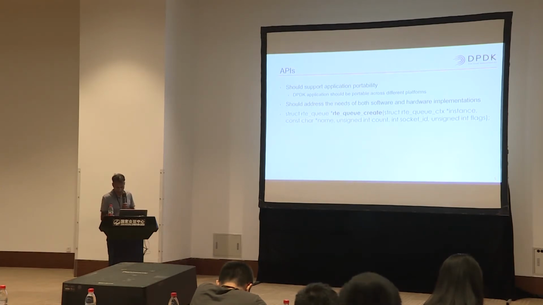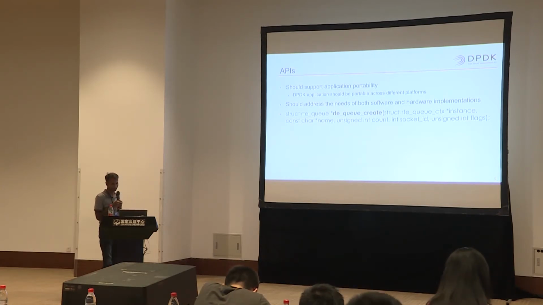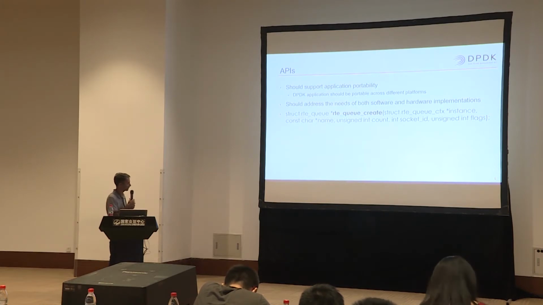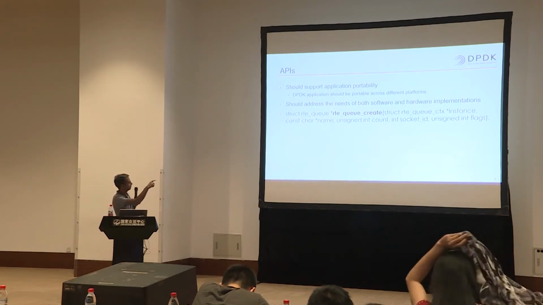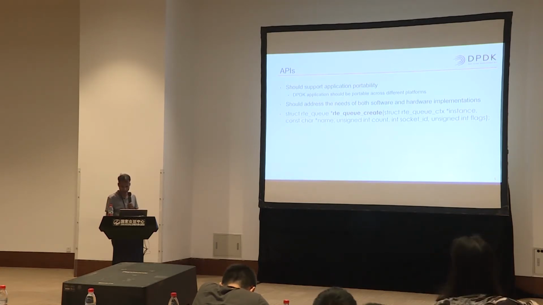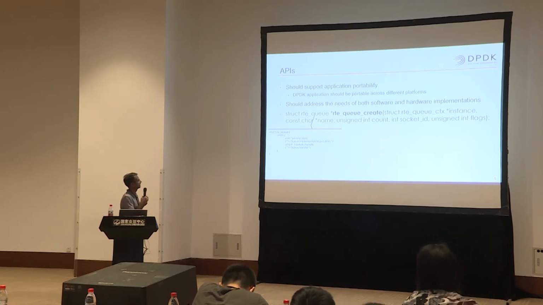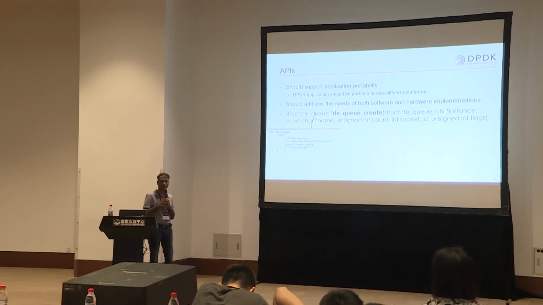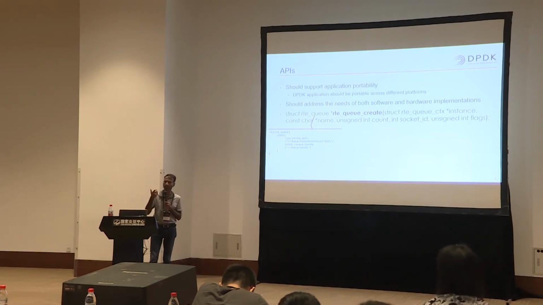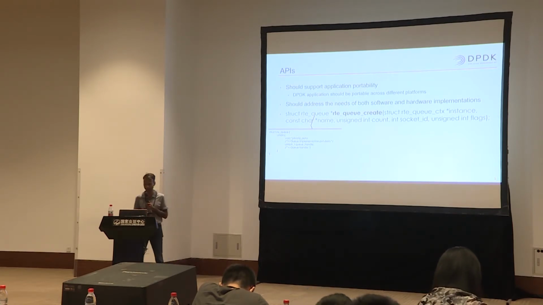So obviously the first API would be the queue create API. So here, the first thing is what do we return, or what is the definition of RTE queue.